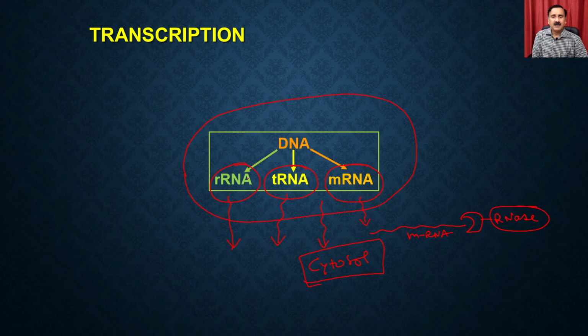Apart from that, some of these RNA molecules are going to be modified, right? Some of these molecules require different types of modification. This modification is required for two purposes. One, it provides stability to the molecule, so that the messenger RNA, ribosomal RNA or tRNA is functional for a longer period of time within the cytosol.